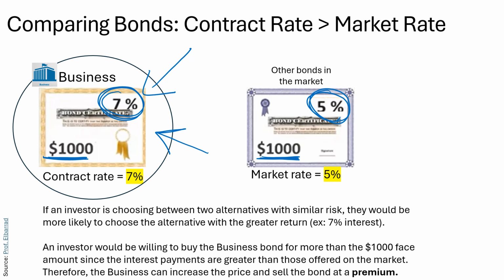So that is called a premium. So a premium is when a bond sells for a greater amount. For example, $1,100 instead of the $1,000.